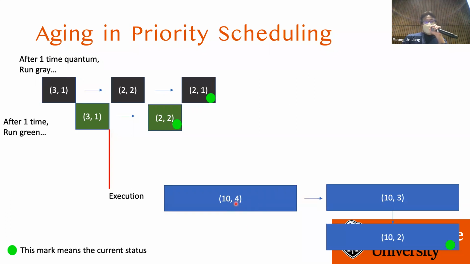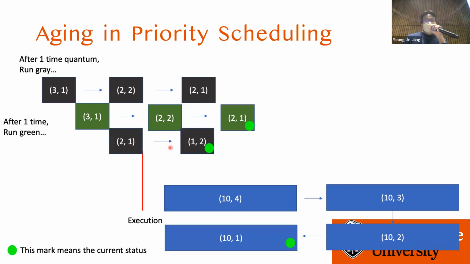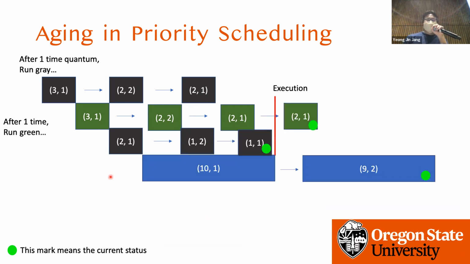The process waiting in the waiting queue also increases its priority, by 2. Then for the next, we can schedule this one, because it has priority 1. So this one will become priority 2. Then finally, our longest job, the lowest priority, has now become the highest priority, and at the end it could be scheduled like this.